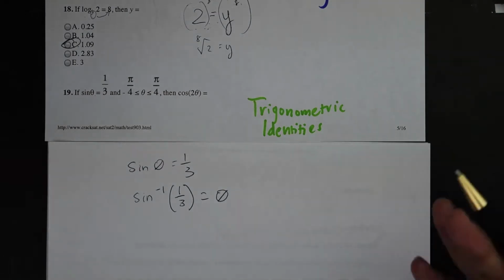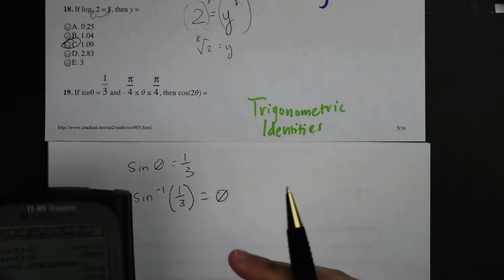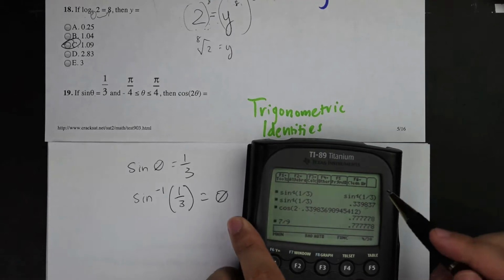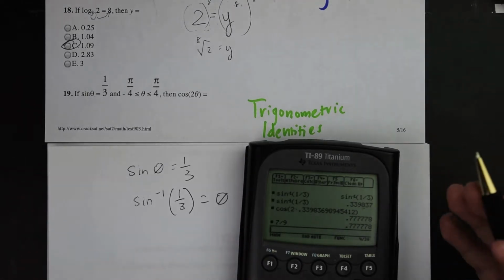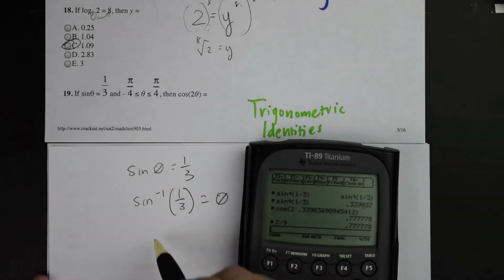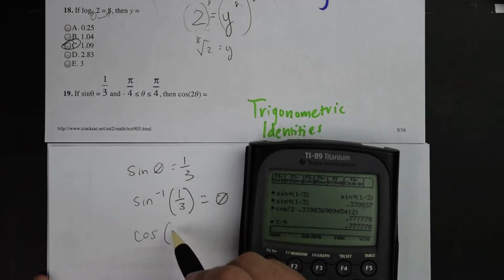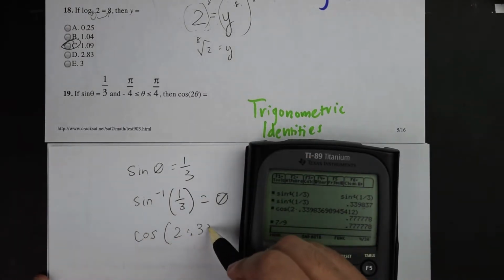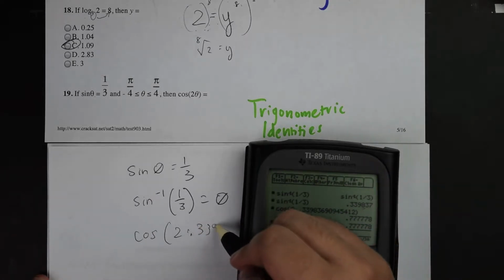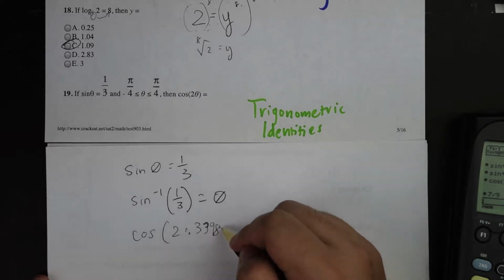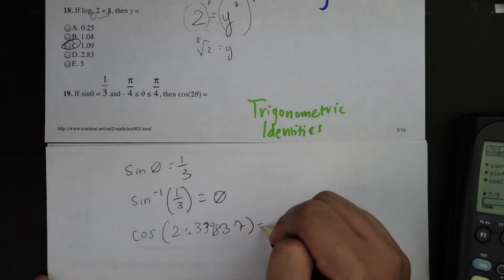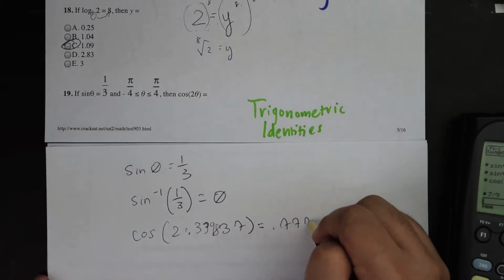And so I punched it into the calculator, and the value it gave me was 0.339837. And so afterwards, I just simply took cosine of 2 times that 0.339837, and it gave me a value of 0.777, which continues on to 8.